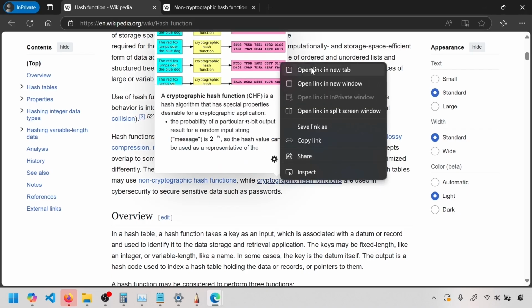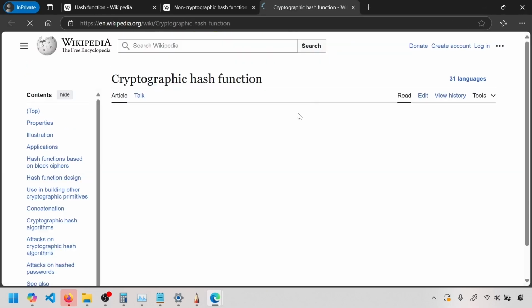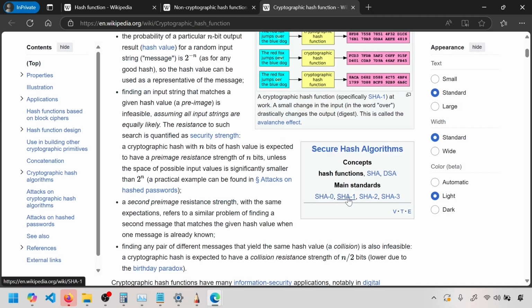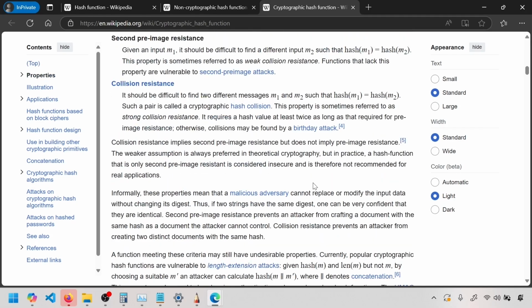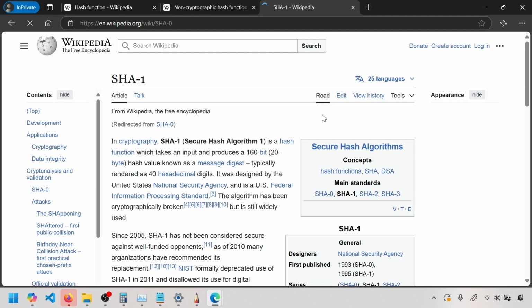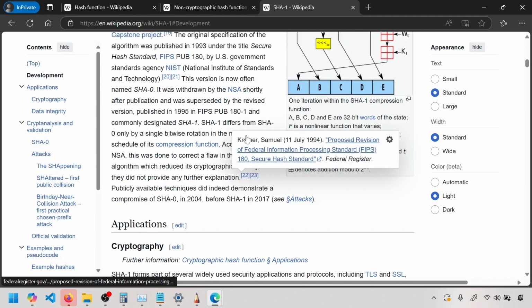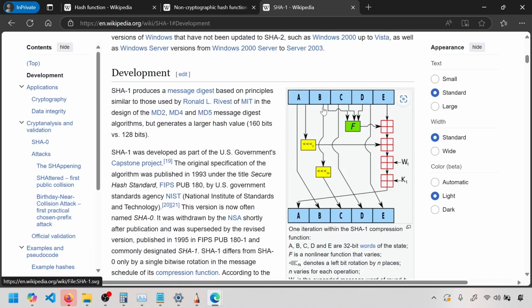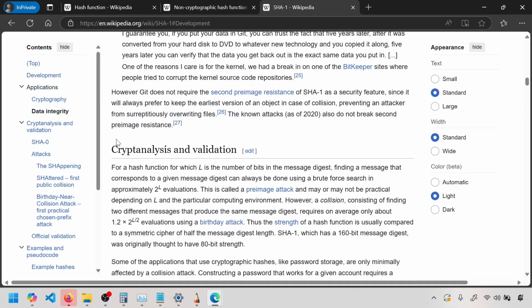These are the strong ones. They are the ones we are interested in. SHA-0, SHA-1, SHA-2, SHA-3, all these are cryptographic hash functions. If you want to delve into the mathematical details, you can click on one of these and go into any depth you want. So these are the algorithms, the operations performed. And cryptanalysis, this particular word we will see a lot. Cryptanalysis is a method or a branch of mathematics.